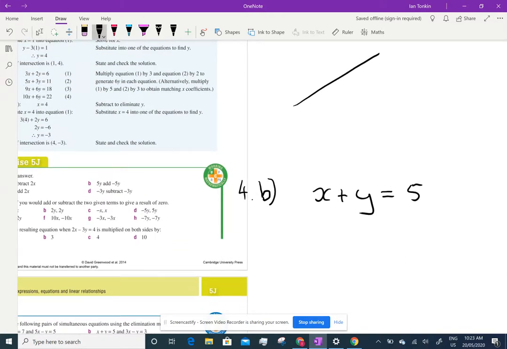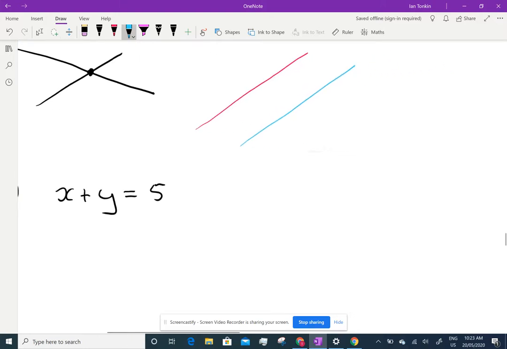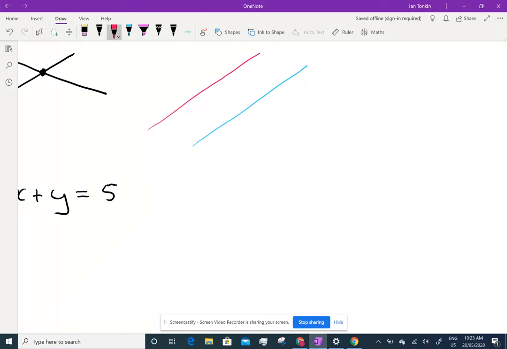If you get two straight lines, eventually they will meet at one point, unless, of course, the two lines are parallel, in which case you'll get no solutions. The other option is you might get two lines that are actually the same equation, in which case they're the same line, just written a little bit differently.